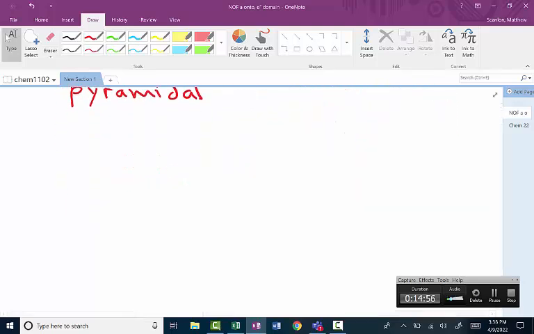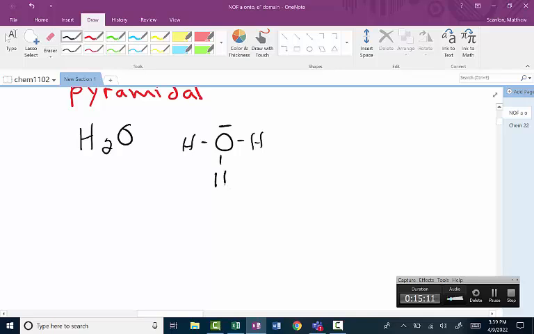All right, the last one is, well, let's do H2O. So the Lewis dot structure for H2O might look like this. And you ask yourself, how many electron groups on here? 1, 2, 3, 4. So I'm in the tetrahedral domain, but that's not what I'm going to do.